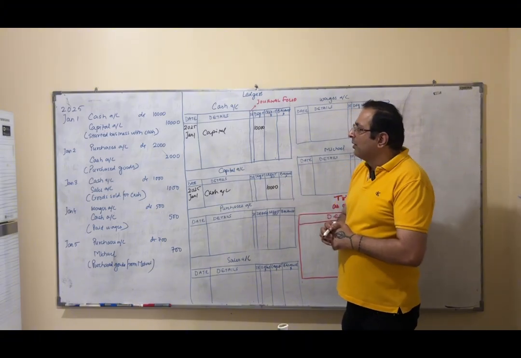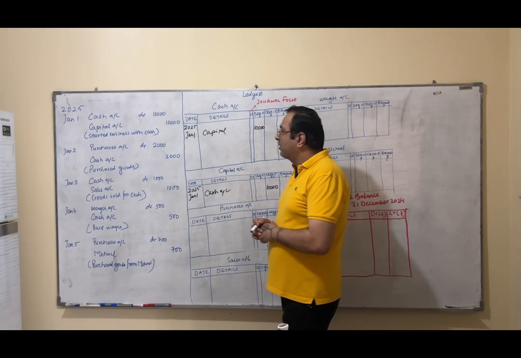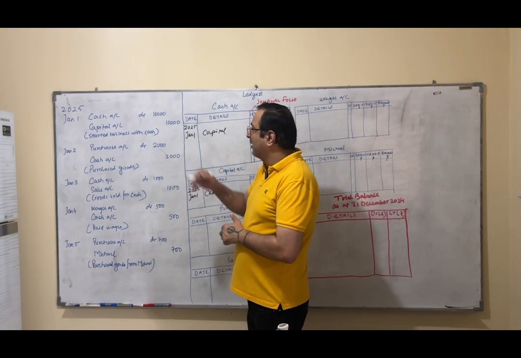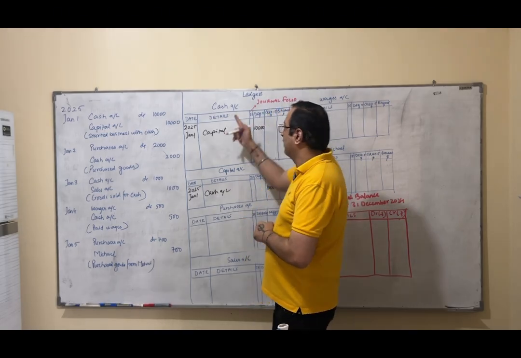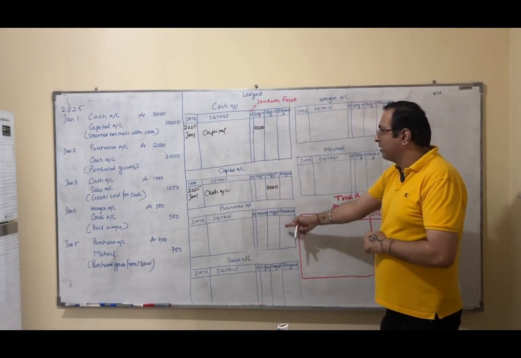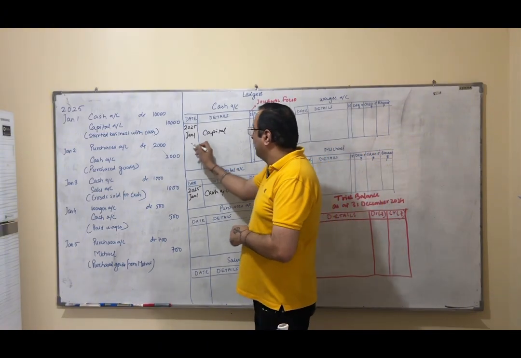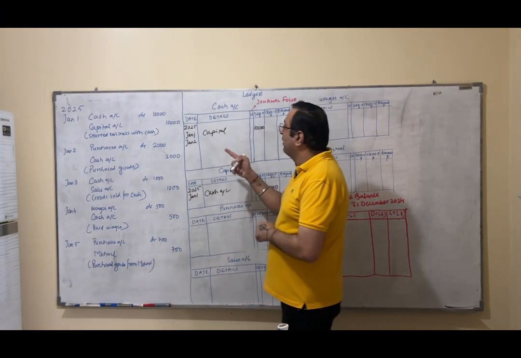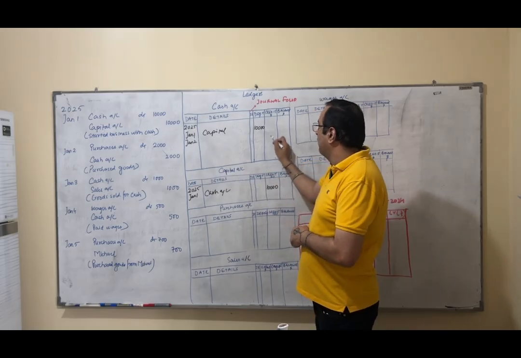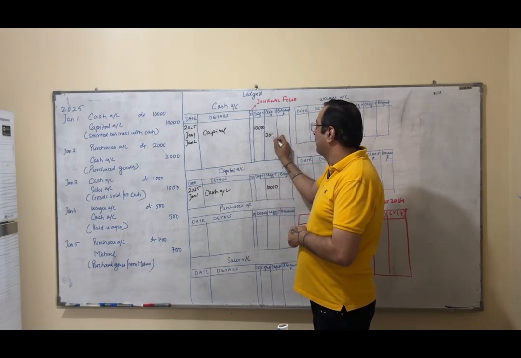Now next is purchase and cash. That means we have to record this into two general ledgers, cash and purchases. Let us see the date. Date is Jan 2. Cash is on the credit side, so I will just write it on the credit side. I will write the cash like this.